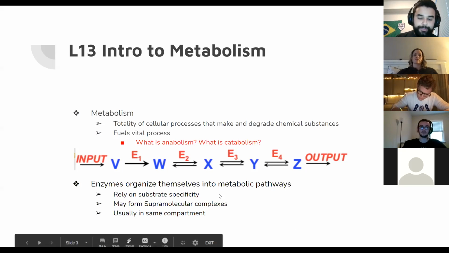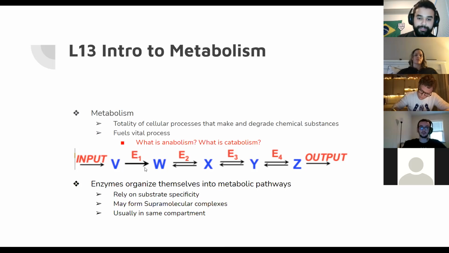And enzymes organize themselves in multiple metabolic pathways, right? You're going to see that a metabolic pathway that looks like this is going to have multiple enzymes, okay? These enzymes rely on substrate specificities to be very specific in their metabolic pathways. They can form supramolecular complexes, which is almost like a quaternary structure, but on steroids.